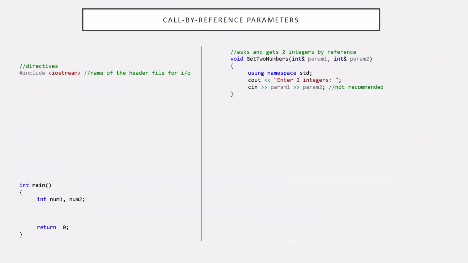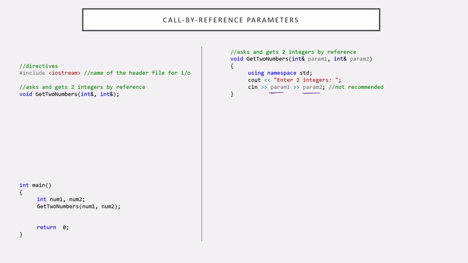All right, so again, these are call by reference parameters. We have parameter 1, parameter 2 for the getTwoNumbers function. This is the function prototype for the getTwoNumbers function. The getTwoNumbers function gets called. We pass the locations of num1 and num2, and param1 and param2 are now going to point to those locations, and they will be used in here.